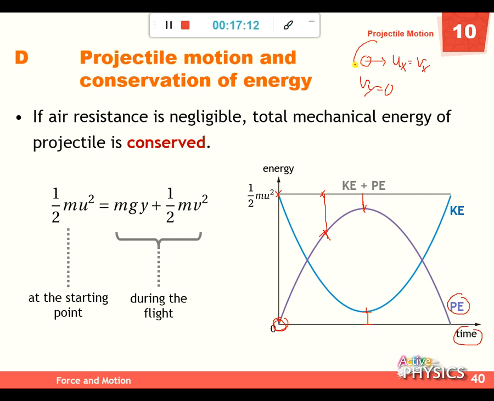If you can find out this value from the graph, it means that this value should be equal to half m ux squared, or vx squared. With the graph, you know this energy. Usually the question gives you m, then using the graph you can find out vx and ux, and at the same time you can find out the maximum height. You can get a lot of information from the graph.